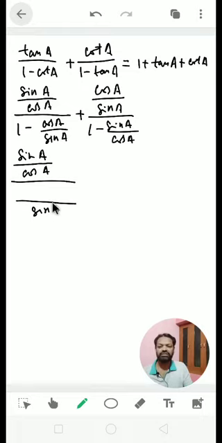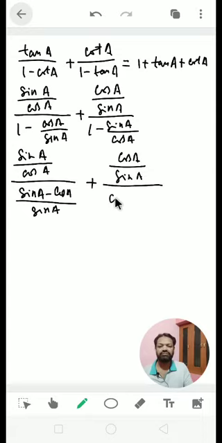and this will become, if we take the LCM, sine A minus cos A in this place, and here also the same thing will be copied, cos A by sine A upon cos A minus sine A, and this is cos A. So now further simplify it.